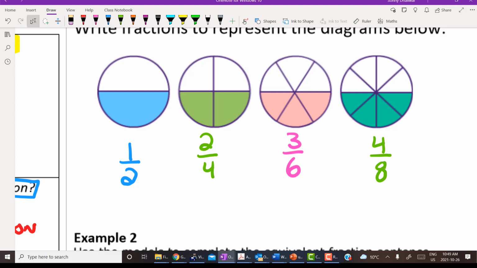They're worth the same amount. So how do you go between two equivalent fractions? You could divide the top and bottom by a certain number to go back and forth. Or you could multiply. So you can multiply this by 3. So 1 times 3 is 3, 3 times 2 is 6. That's why you can go back and forth between equivalent fractions.